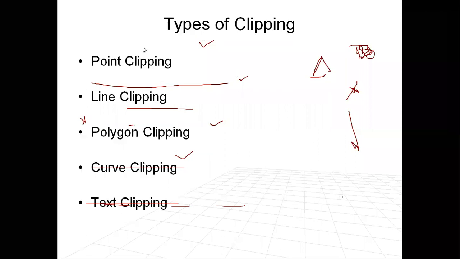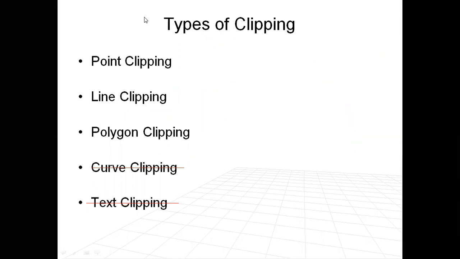Going ahead, clipping can be done in five categories. One is point clipping, where a point can be clipped individually. Then a consolidated line clipping can also take place. We will go through the line clipping algorithms.